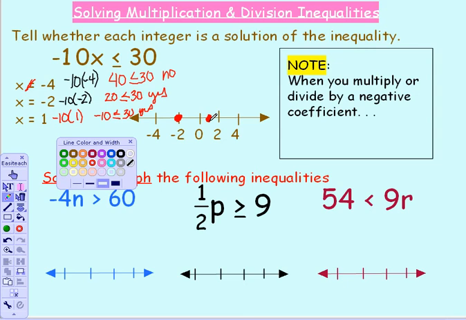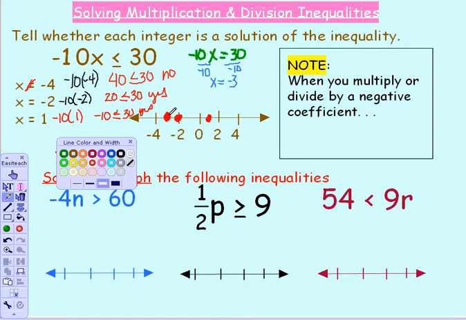If we look at this problem a little bit closer, negative 10x, and we look at the equals part of this. If negative 10x equaled 30, we would do inverse operations and divide by negative 10. So x would equal negative 3. So negative 3 is going to be our end point on the graph.